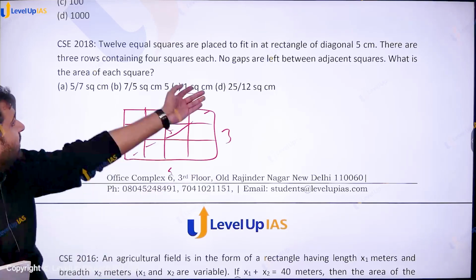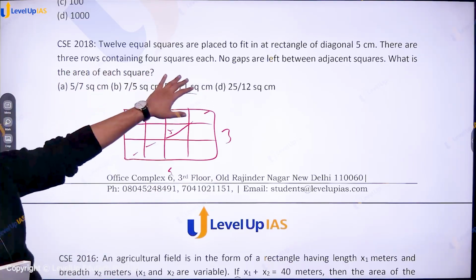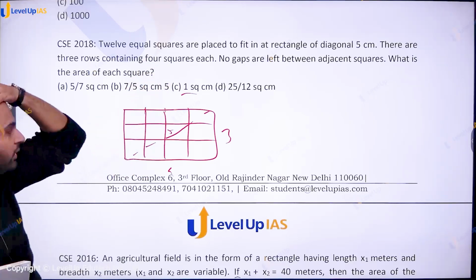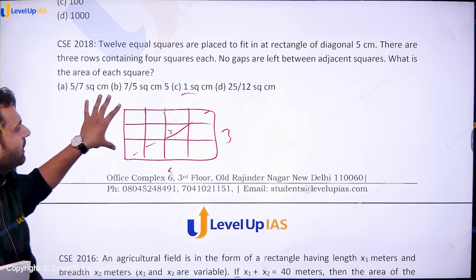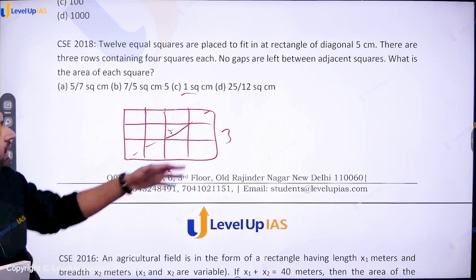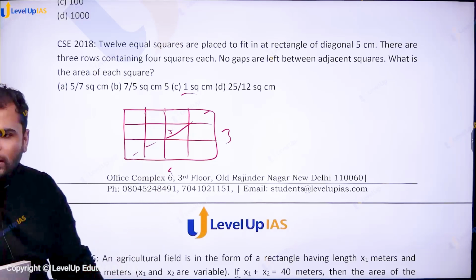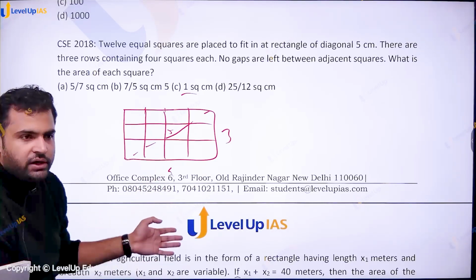Is the thing they are giving you that there are 3 rows and each row contains 4 squares. So that is why you have this kind of arrangement and there is no gap between adjacent squares. The diagonal 5, immediately you should think about 3 4 5 as your Pythagorean triplet.